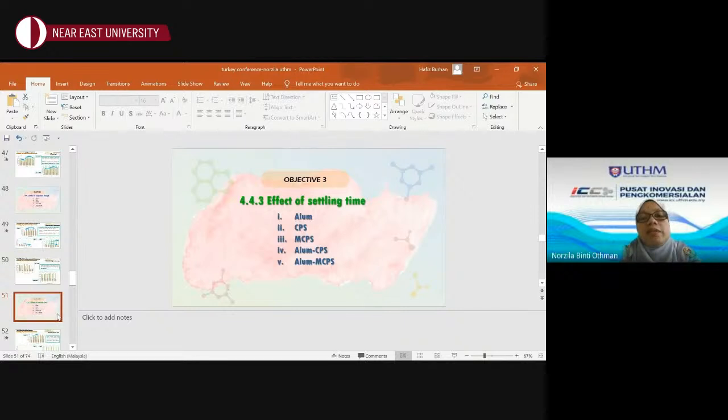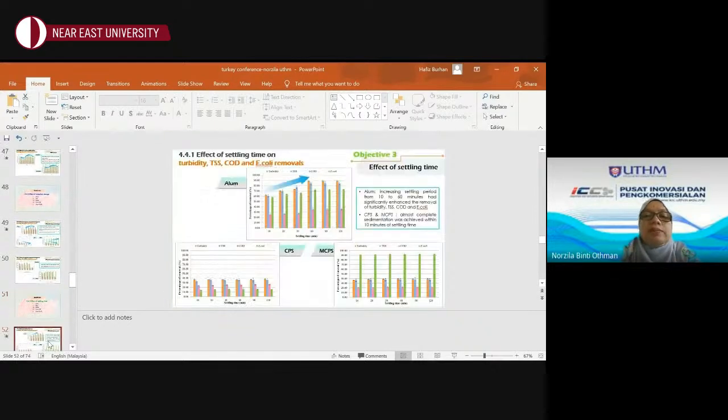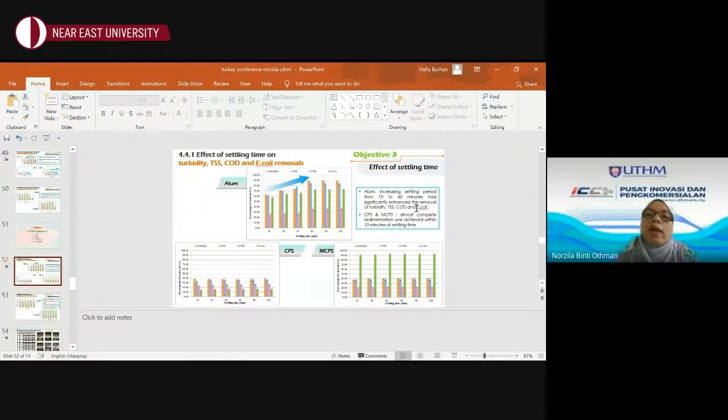And what is the effect of settling time for LM, CPS, MCPS, LMCPS, and also LMMCPS? For LM, increasing the settling period from 10 to 16 minutes significantly enhanced the removal of turbidity, total suspended solids, COD, and also E. coli. For CPS and MCPS, almost complete sedimentation was achieved within 10 minutes of the settling time.